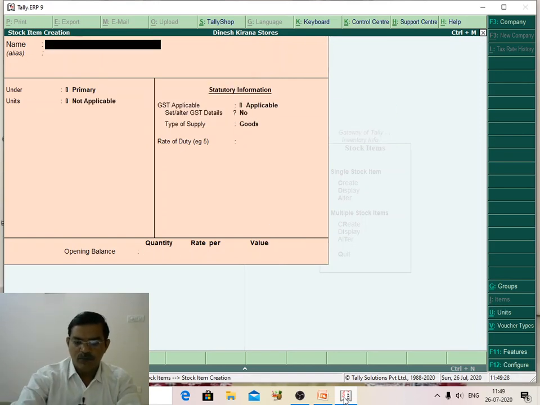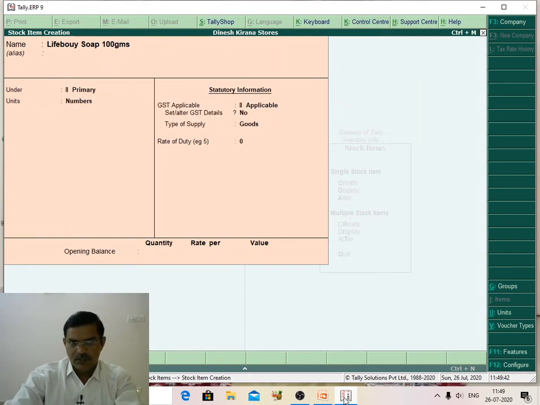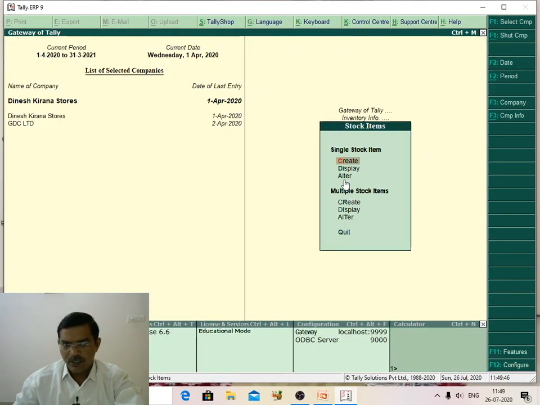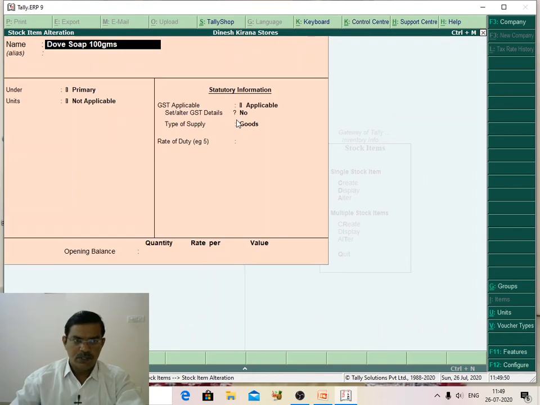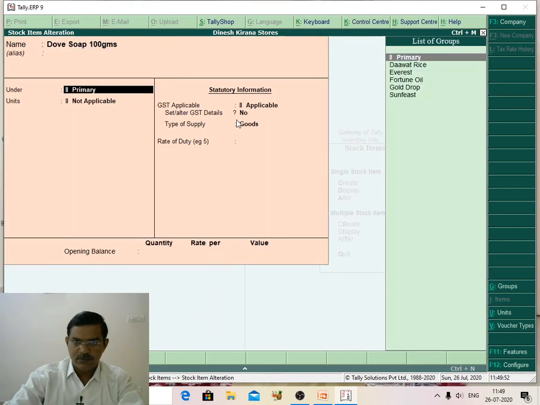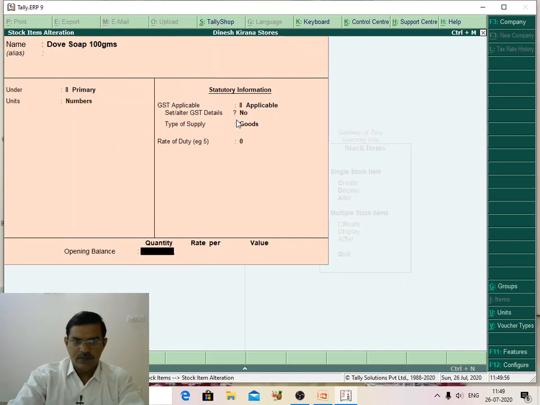And Lifebuoy soap 100 grams. These are Primary only, and we can measure in terms of numbers. So that is what we created. Let me check one more time, as some items are missing. Present: Dove 100 grams, under Primary, measured in numbers.